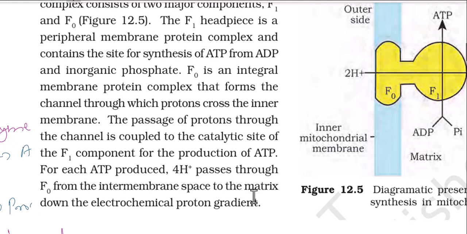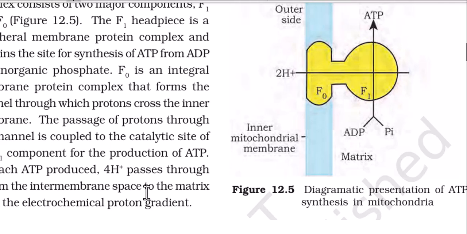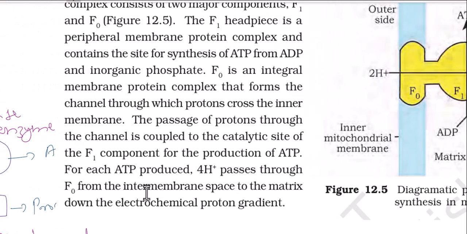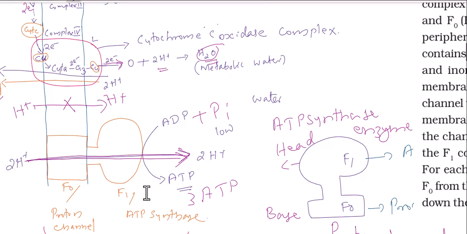According to the new NCERT, a slight difference is there, so you need to be careful. 4 hydrogen ions need to pass through the F1 particle for the formation of 1 ATP, not 2 hydrogen ions. So you need to be careful.